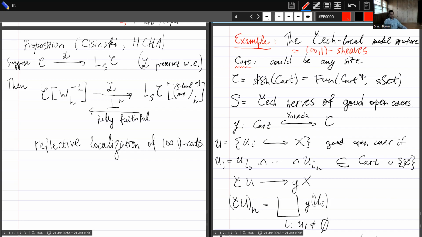So my model category C is going to be the category of simplicial presheaves equipped with the projective model structure, say. Let's recall that projective means that weak equivalences and fibrations in this model structure are defined object-wise. So a natural transformation is a weak equivalence or a fibration if all of its components are weak equivalences or fibrations of simplicial sets.